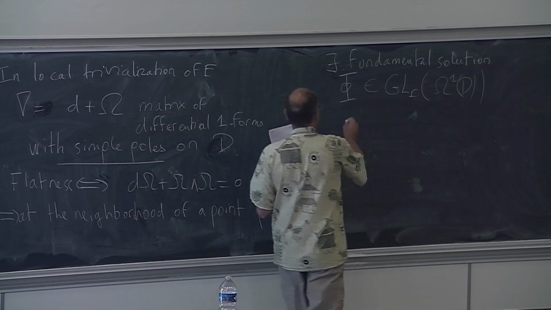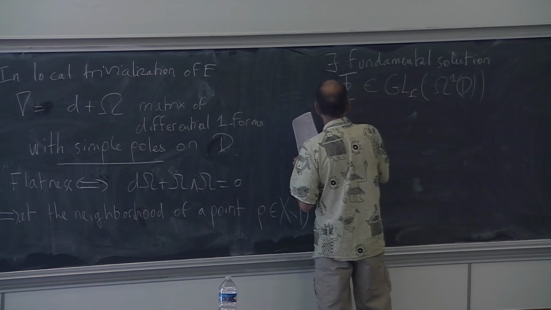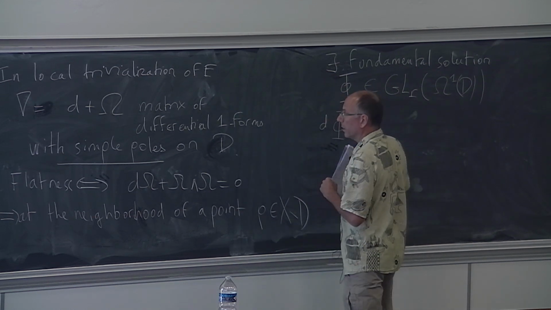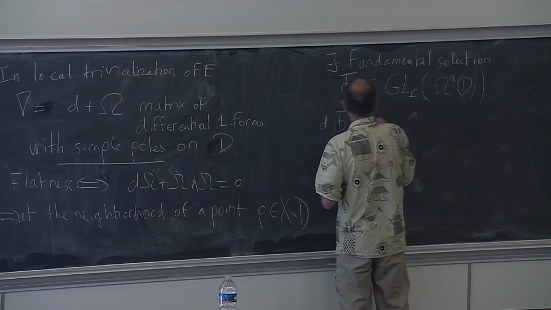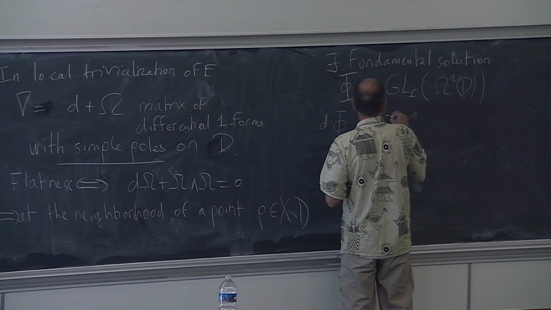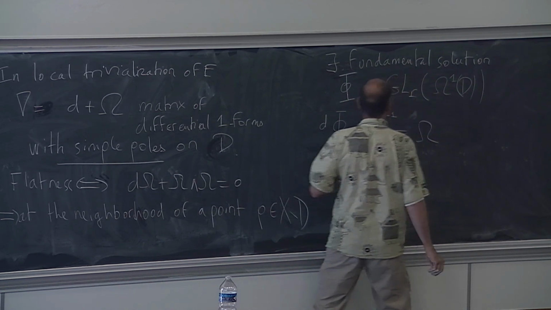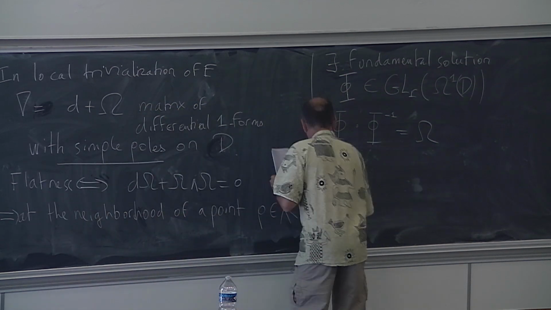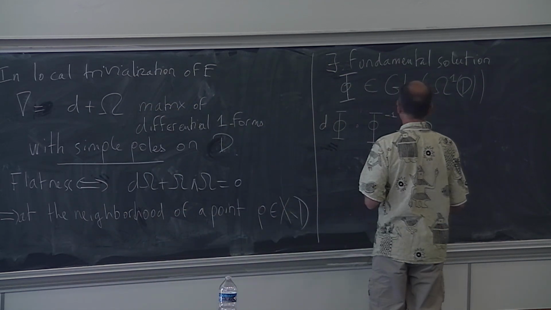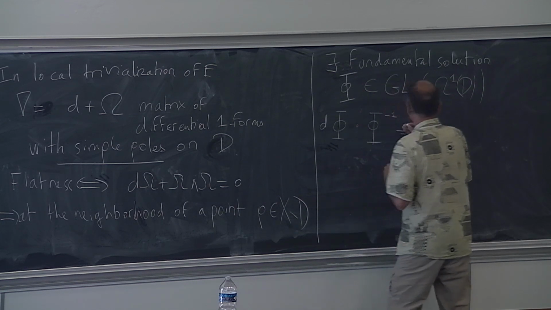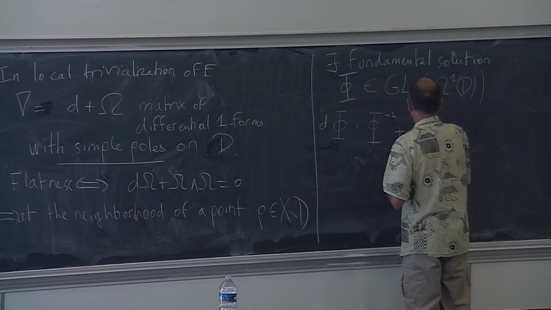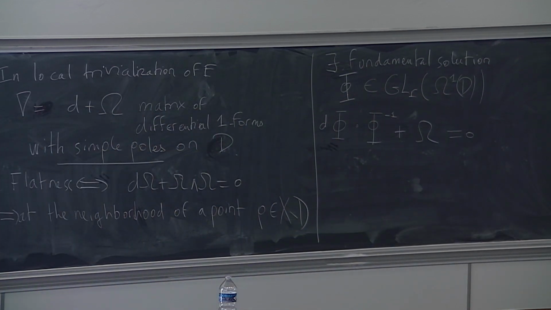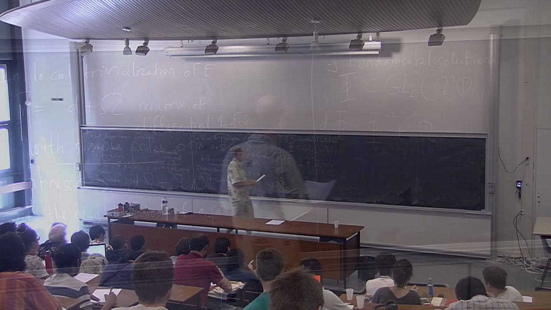And fundamental solution means that d phi times phi minus 1 equals omega. Minus plus equals 0. Yes, because for systems there is an opposite sign. Okay.